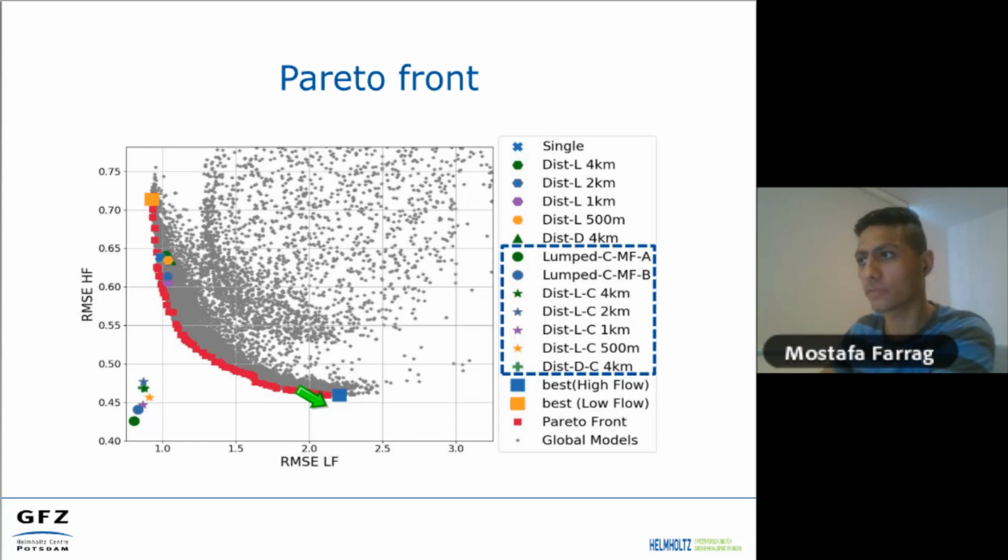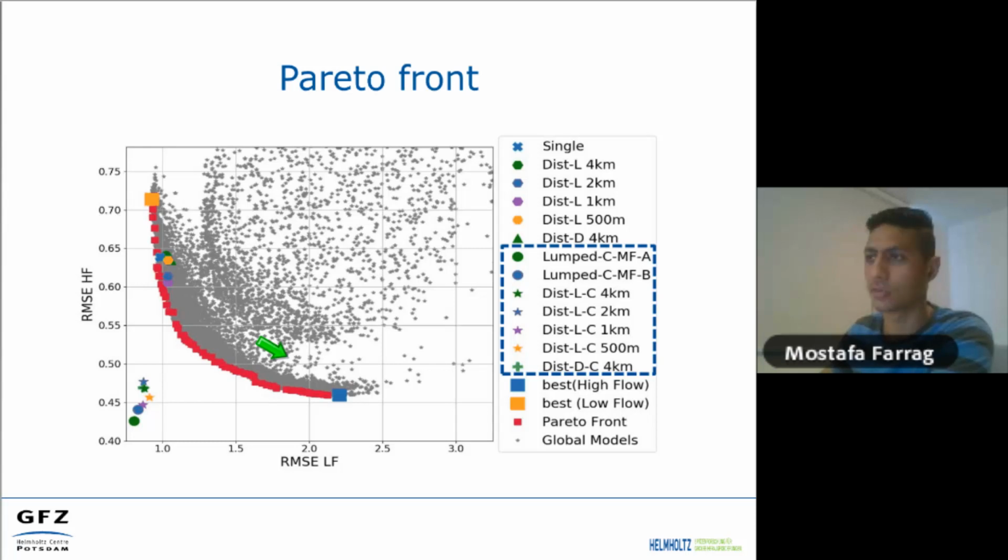By using the multi-objective optimization, then combining the best model for low flow and the best model for high flow using the committee model, using these different scenarios of committee models, we have these committee models here that are better than every single model.